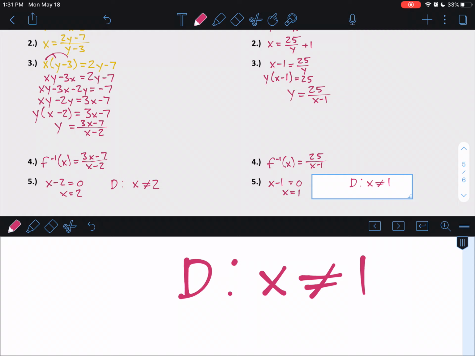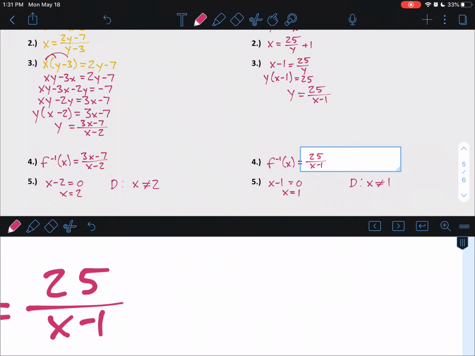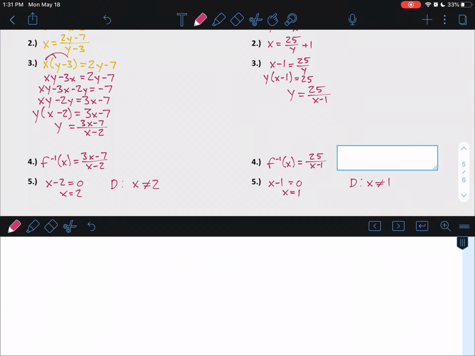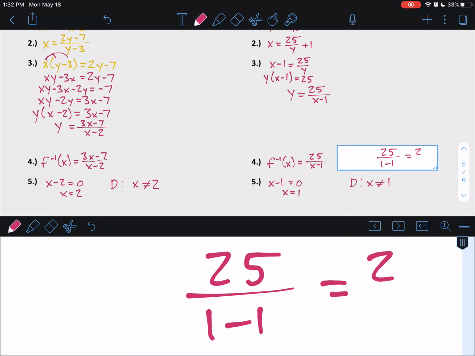Let me tell you why it's everything but 1. If I were to have 25 over, and I plug in 1 minus 1, hopefully you should see a problem with this automatically, because 1 minus 1 is 0. And you can't divide by 0.